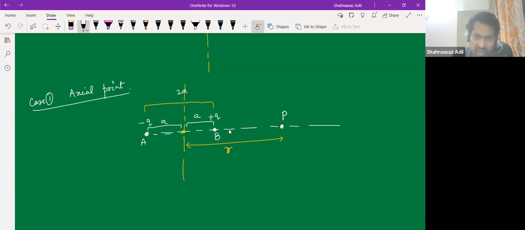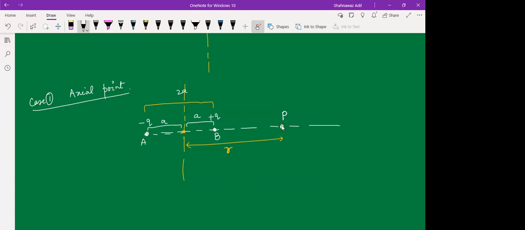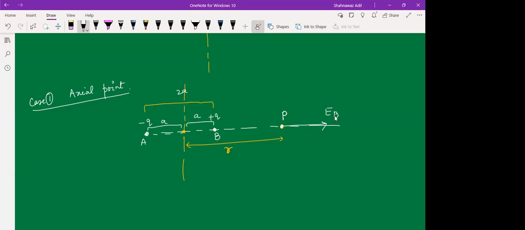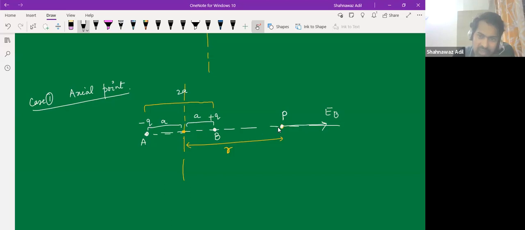Will we get an attractive force if we have plus Q charge in there? We always take the test charge as a positive charge. So will we get an attractive force or a repulsive force due to plus Q charge? Sir, repulsive. So that would be away, right? Is that correct? Yes, sir. And due to this minus Q charge, at this point it would be towards or away?